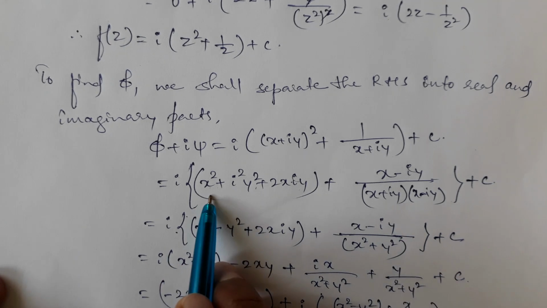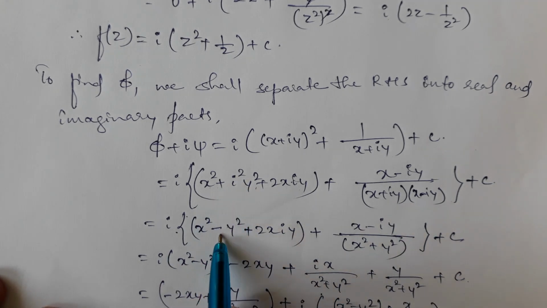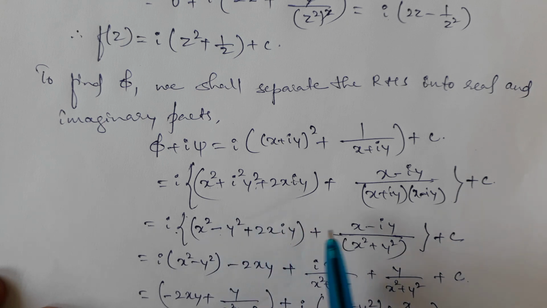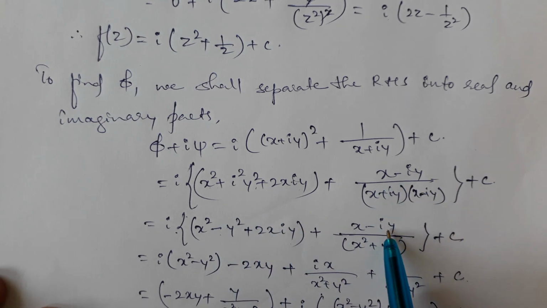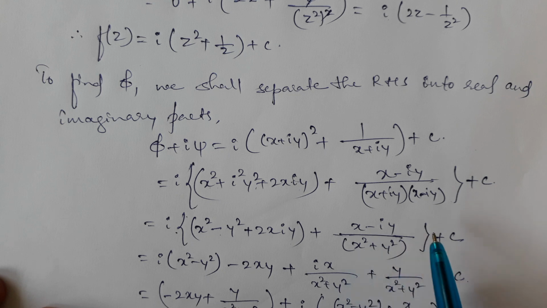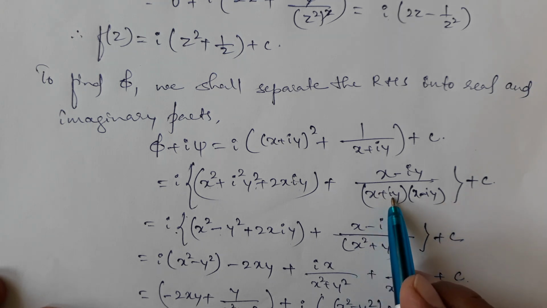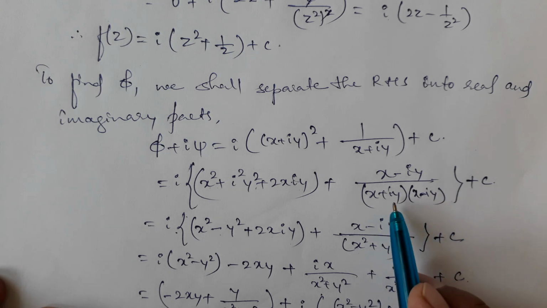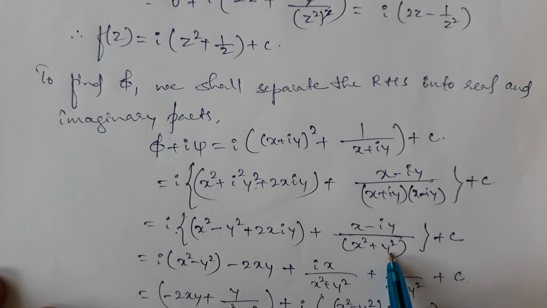Now i² is −1, therefore −y² + 2ixy plus (x − iy) as it is, divided by, now it is (a + b)(a − b) = a² − b², therefore x² − i²y², and −i² is +1, therefore x² + y², and some integration constant.